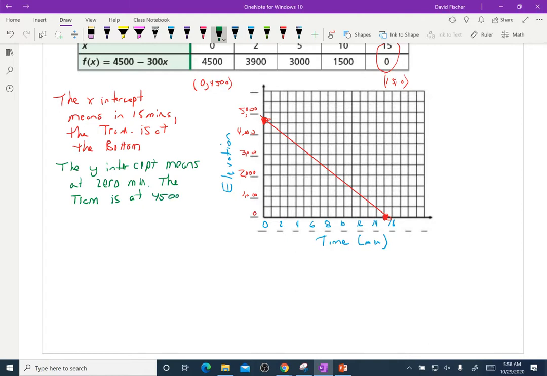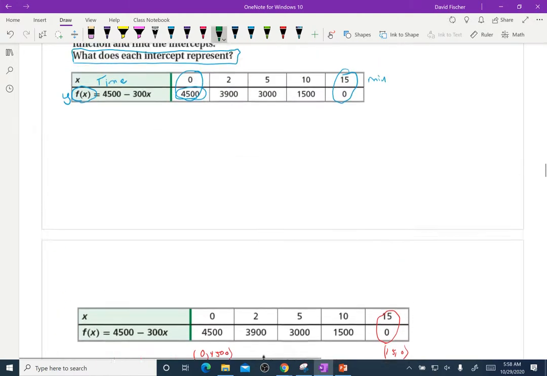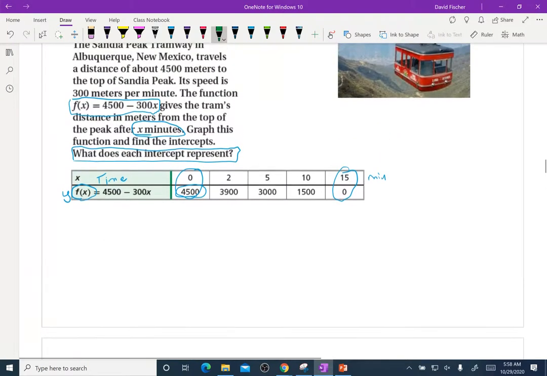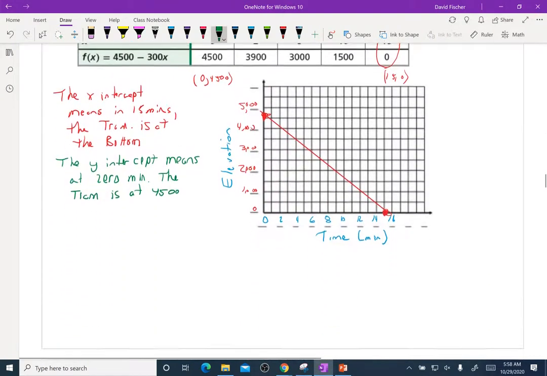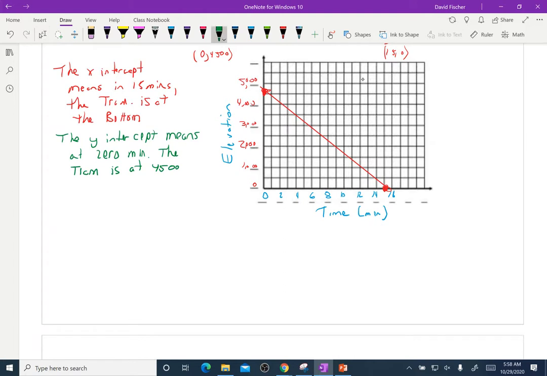I think they are in meters if I'm not mistaken. Let's go back up to our problem and look. Yeah, meters. 4,500 meters. So that's how you state it. Okay? It means it's at the top of the mountain.